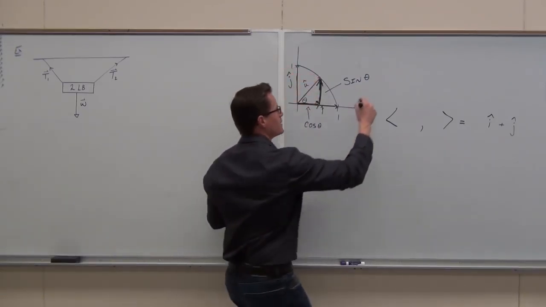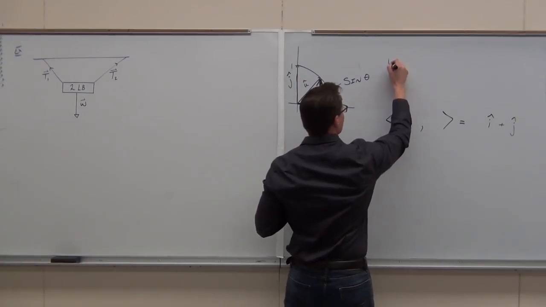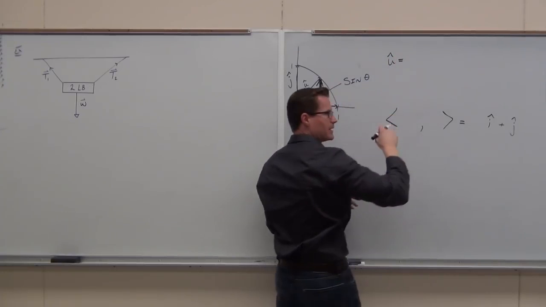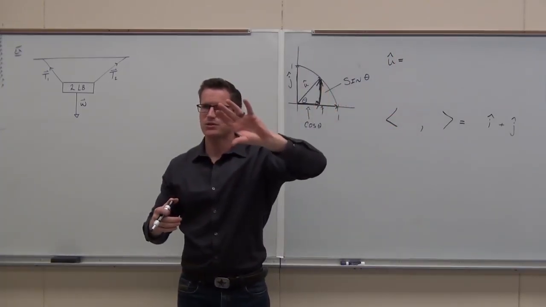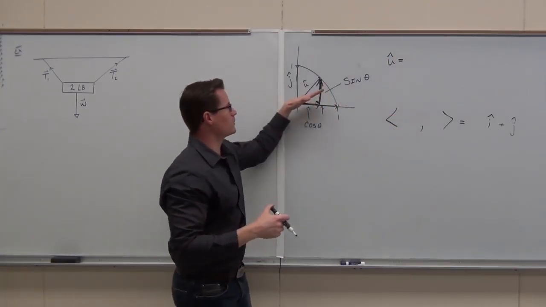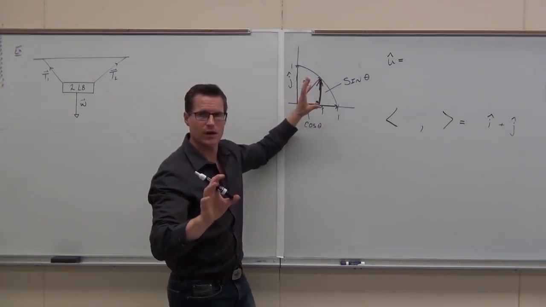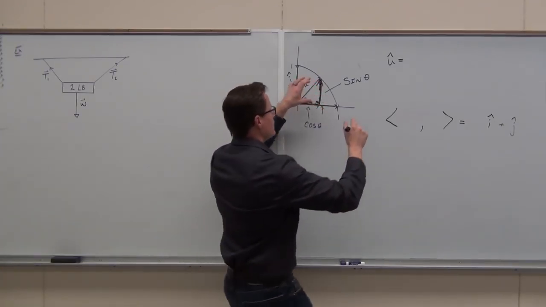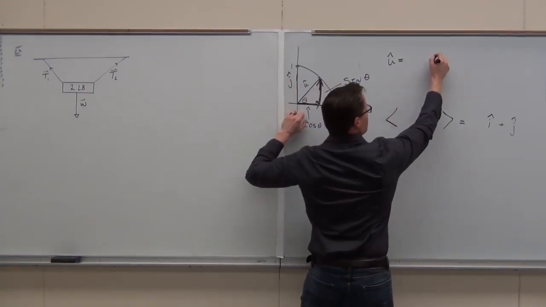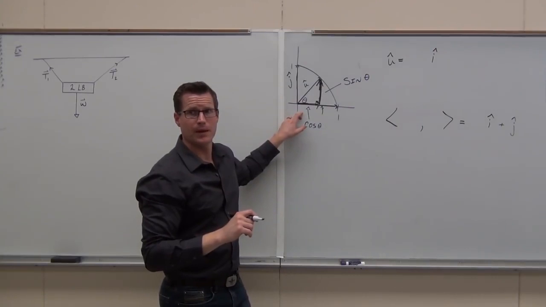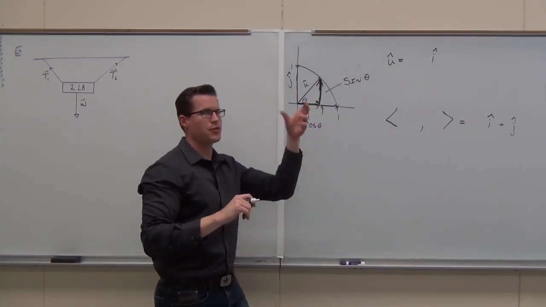So instead of defining a unit vector as a vector divided by its magnitude, if we know the angle that the vector makes with the x-axis, we can define it this way. It's not hard. I just need to give you the theory behind it. Take the i direction and take cosine theta of it.